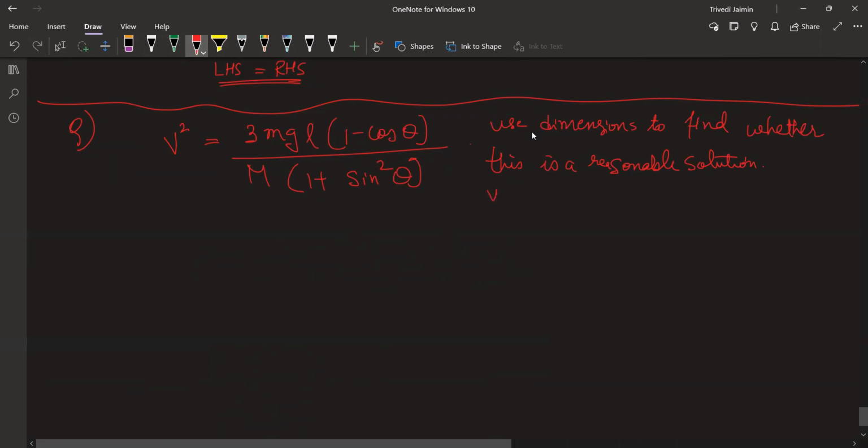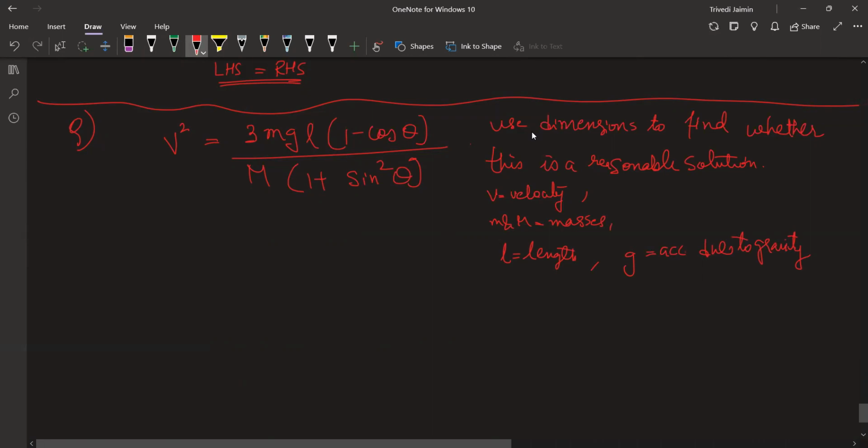Where v is velocity, m and capital M are both masses, L is length, g is acceleration due to gravity.